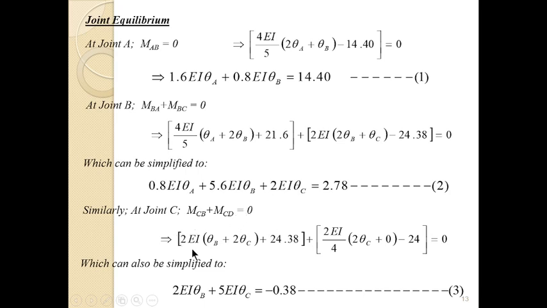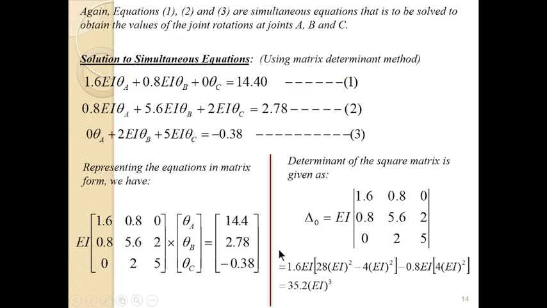So this expression for MCB and this expression for MCD, if you equate them to 0 and simplify, this is what you have. So you now have 3 equations. So what do you do with the 3 equations? You solve equation 1, equation 2, equation 3 simultaneously.